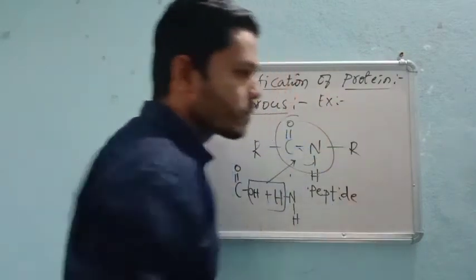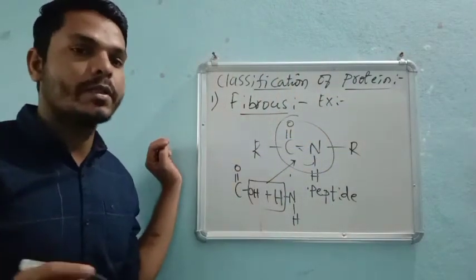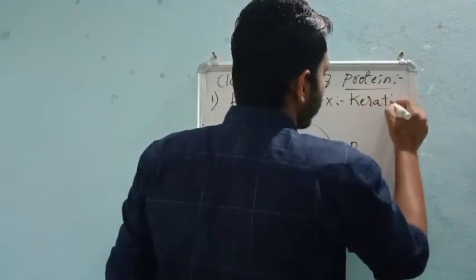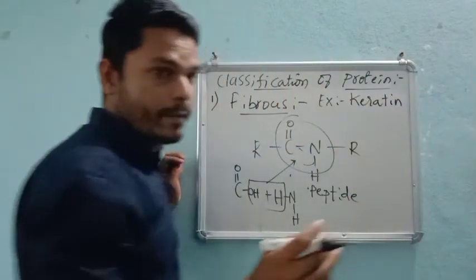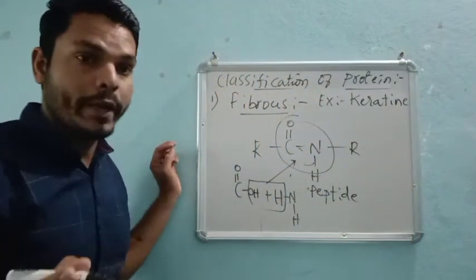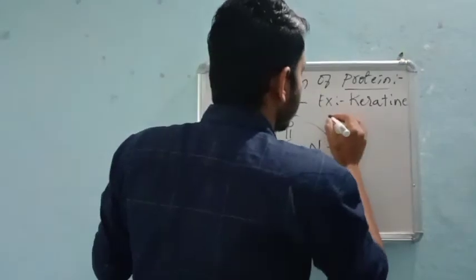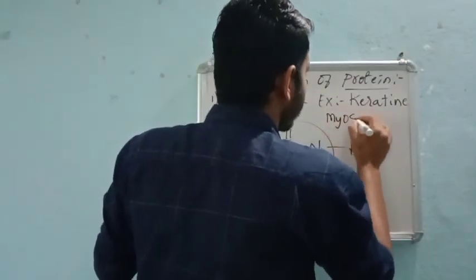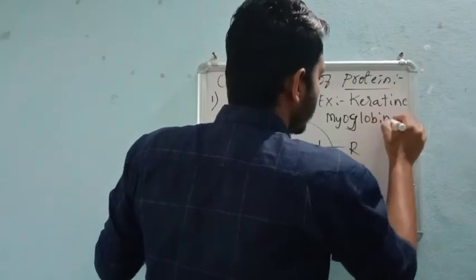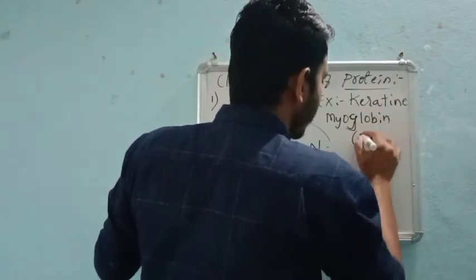For fibrous protein, keratin is the best example, which is present in hair. And one more is myoglobin, which is present in muscle, if I'm not wrong.